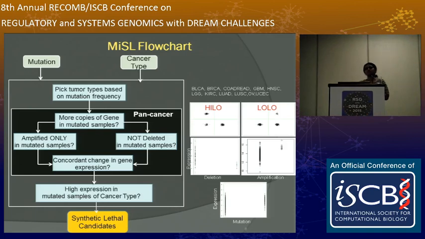So then the question was, are we actually picking up anything real? In this case, it's a little hard because there aren't that many experimentally confirmed synthetic lethals. So we decided to compare with existing shRNA data, even though we know it's noisy. If we get some concordance with shRNA data, it suggests that we're in the ballpark of picking up real things.